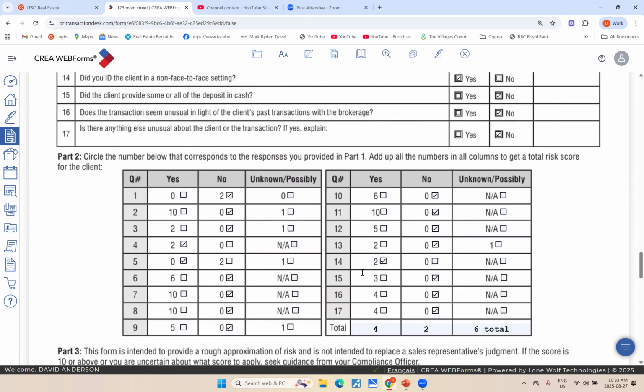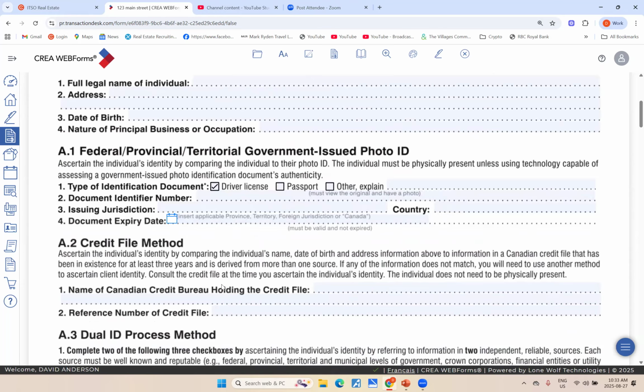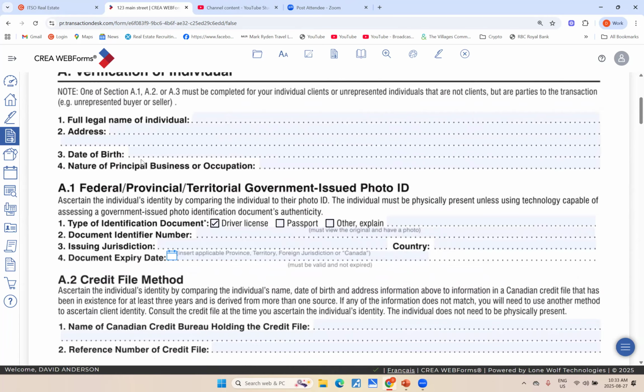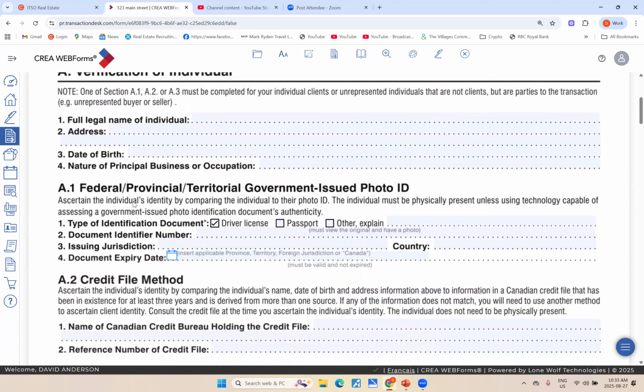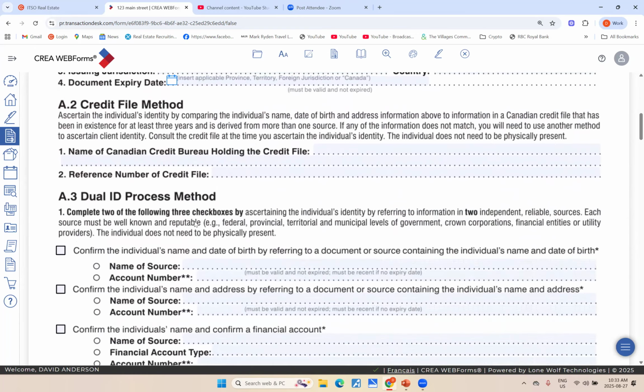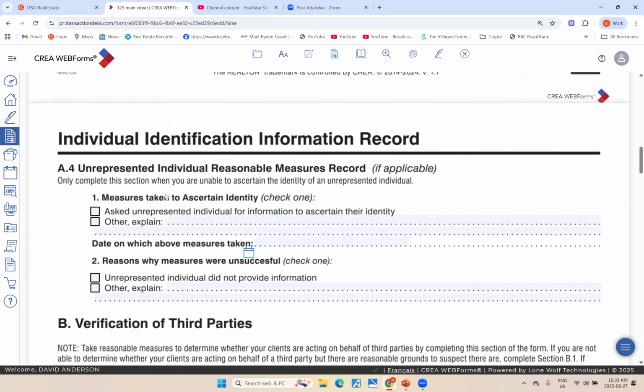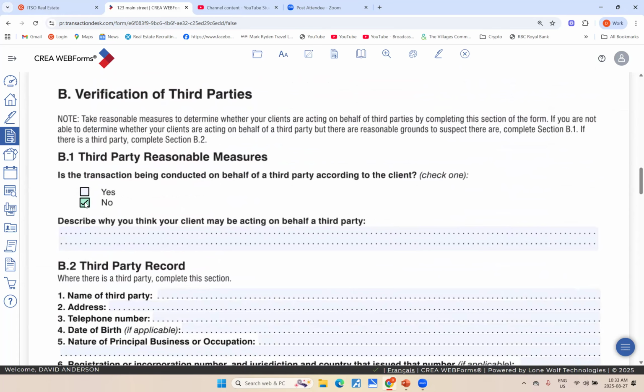So real quickly, let's just go through this again. Part A, you're going to fill out this section, and then you're going to fill out this section here. A1, and make sure this is all filled out. Then you're going to go to B, and you're going to say no, because there's not normally a third party involved.